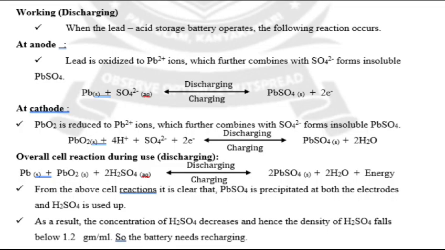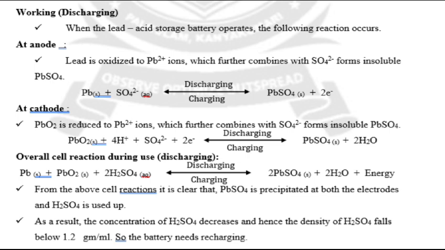The anode and cathode are immersed in the electrolytic solution, and the cell notation is as given below. And the working: when it is discharging at the anode, the lead undergoes oxidation and reacts with the sulfuric acid to form lead sulfate. At the cathode, the lead dioxide is reduced to Pb2+ ions, which further combine with sulfate ions to form again insoluble lead sulfate.